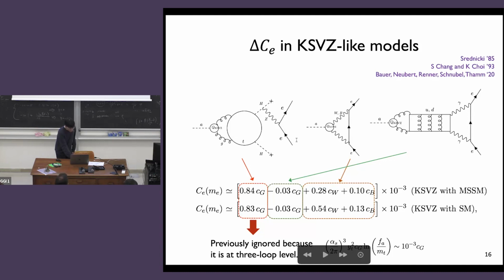Previously, it was thought that the leading contribution to the axion electron coupling would be given by the axion couplings to the electroweak gauge fields if they are present, or otherwise by the axion pion mixing from the axion gluon coupling. However, numerically it turns out that this three-loop contribution is bigger than these two contributions.